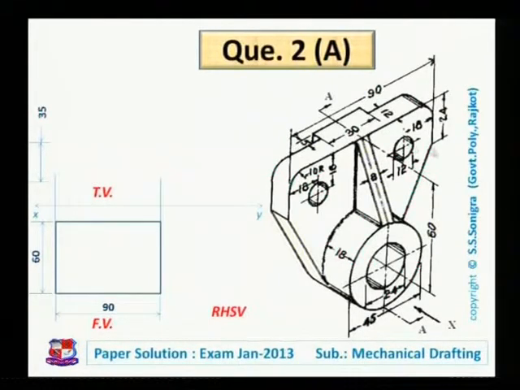The height could be found from this. If we look from the top side, its total height would be like this: 5 plus 12 plus this 18. If you start from here, 18 from this end to this end, 12 from this end to this end, and 5 from this end to this end. So 18 plus 12 plus 5, that is 35 mm. So 35 mm would be the height of top view. So draw a rectangle of having 35 mm height like this.